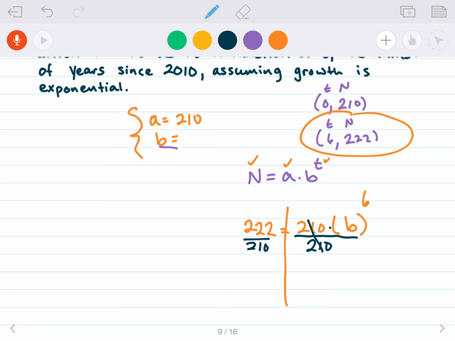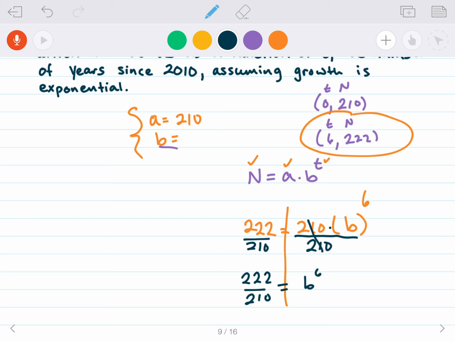Sorry, that's the cat. And doing that, well, let's just leave it like that for now. So we have 222 divided by 210 is equal to b to the 6th.